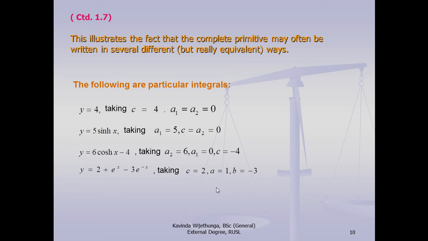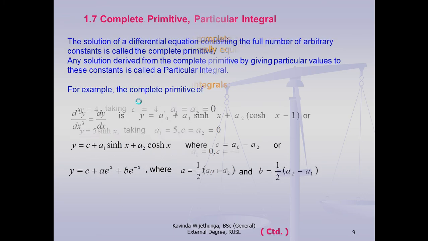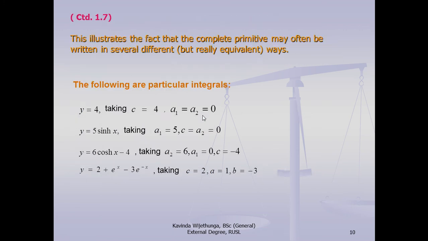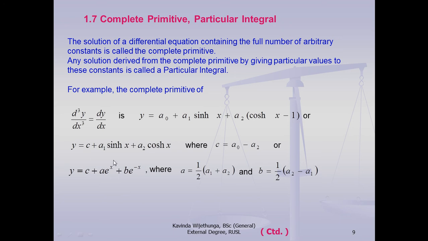This illustrates the fact that the complete primitive may often be written in several different ways, but they are really equivalent. The complete primitive is valid for all values of the constants. But for particular integrals, we select some values for the constants, for example a naught equal to some value, a1 another value and a2 another value, and then y is given according to those values.